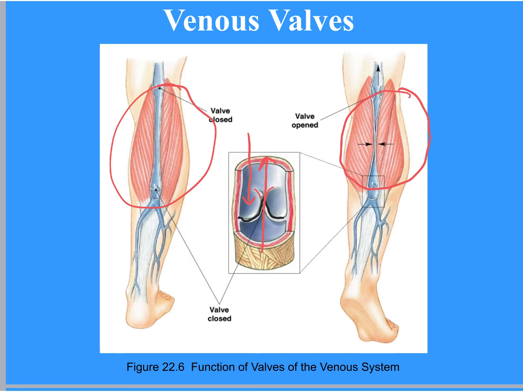So this contraction of skeletal muscle assists the blood in returning back to the heart by squeezing or compressing those veins and pushing blood back up towards the heart. And then what prevents blood from flowing backwards are those one-way valves.